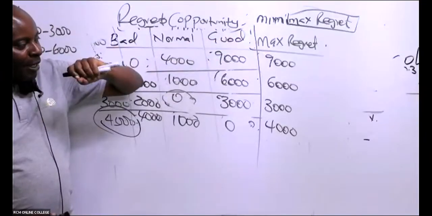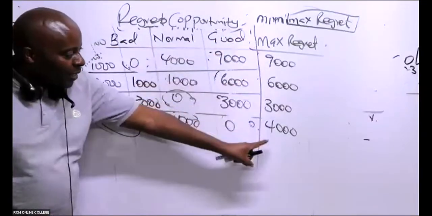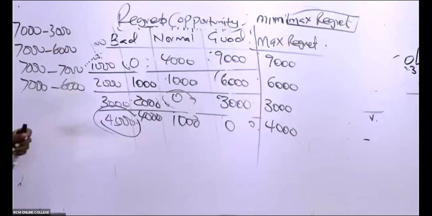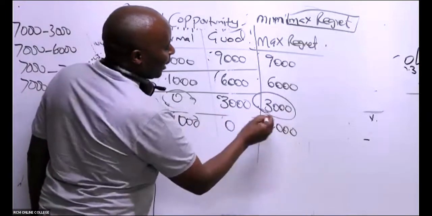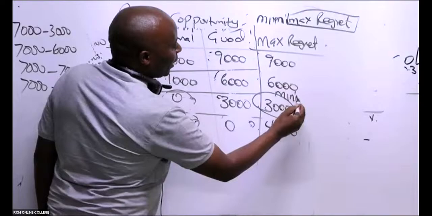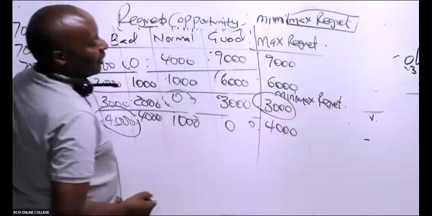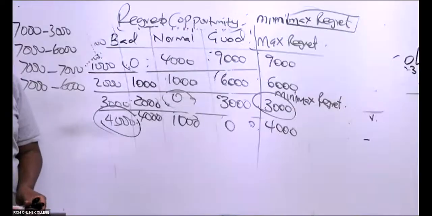Minimum. Of which the very minimum here will be 3,000. So this is what we call minimax regret.